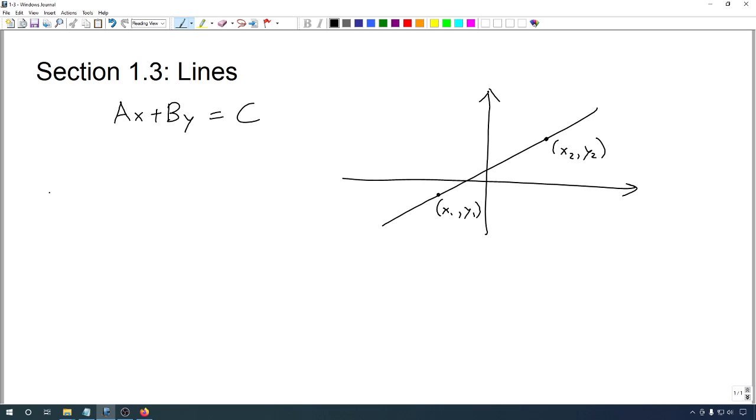These are frequently referred to as the rise and the run. So if we actually complete a triangle, the difference in our x values will be the length down here on the base, and the rise, the difference in our y values, is the length of the side over here.